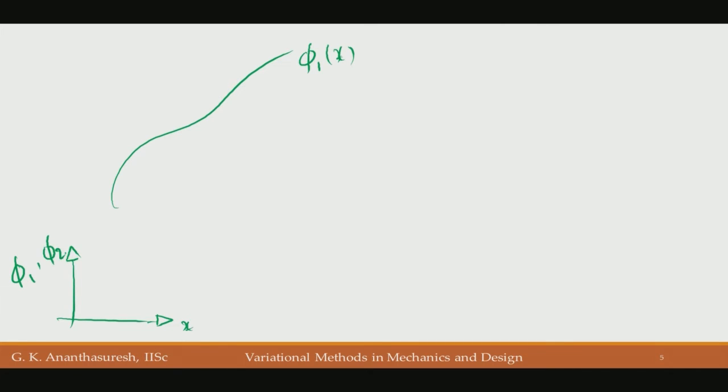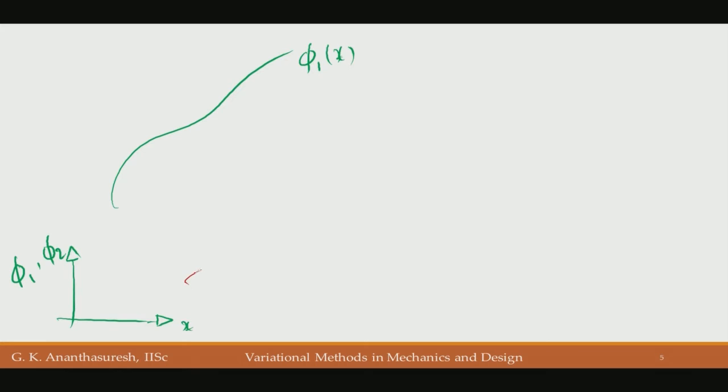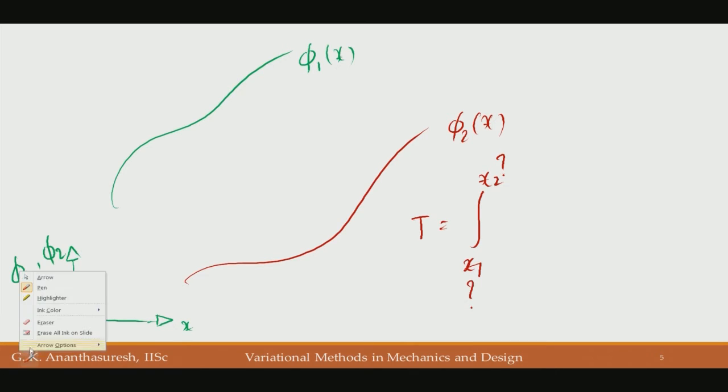We can also have another one, let us say this is phi 2, that means that my integral of the time taken, I would say x1 to x2, but I do not know what x1 is, I do not know what x2 is, both are variable because I can start from any point on this, there are many points on this, and end up at any other point.